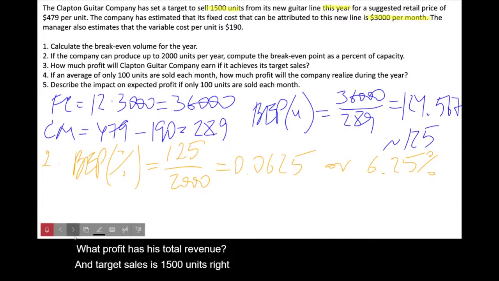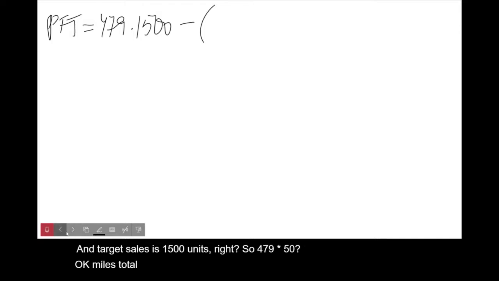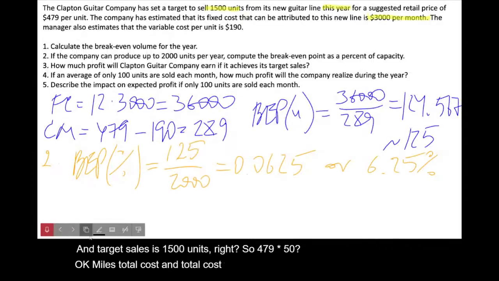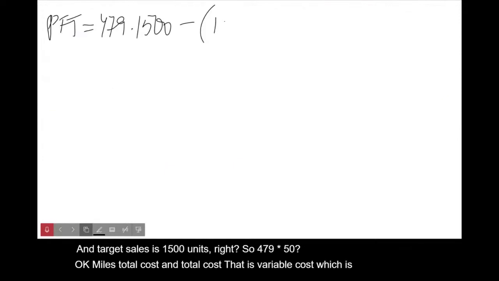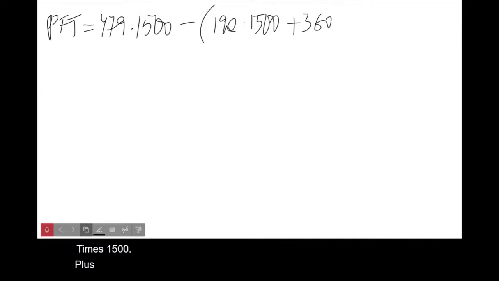So 479 times 1,500, minus total cost. And total cost is variable cost, which is 190 times 1,500, plus 36,000. Right?